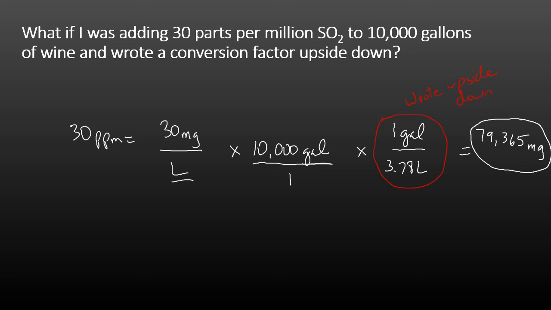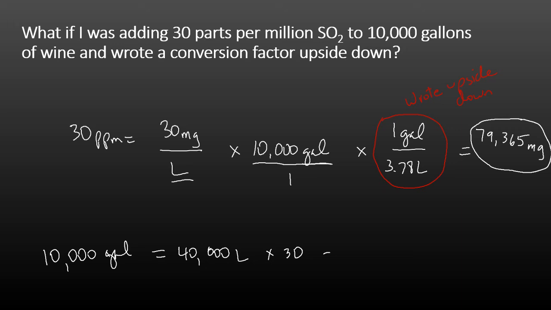Let me see if I can do this in my head. All right, so I've got 10,000 gallons, right? And I know that each gallon contains about 4 liters, rounding off. So that's going to equal about 40,000 liters. 10,000 gallons is about 40,000 liters. And I'm adding 30 parts per million, or 30 milligrams per liter. So I can multiply this by 30 to check my math, right? So if I do that in my head, well, let's see.